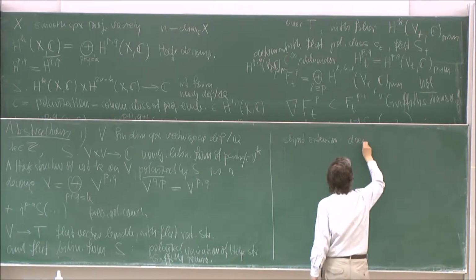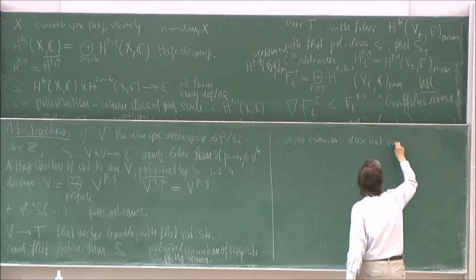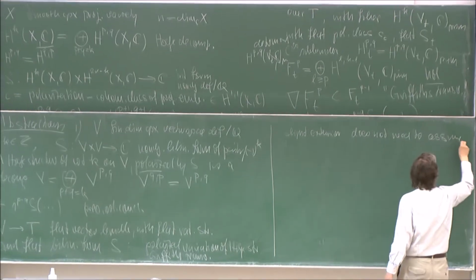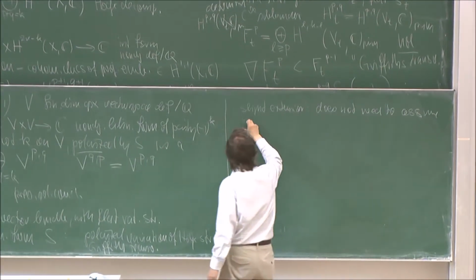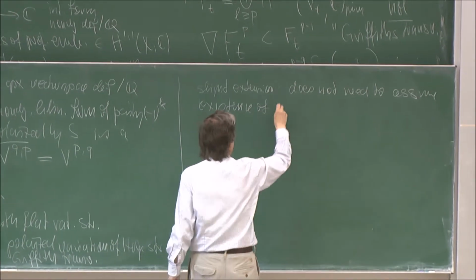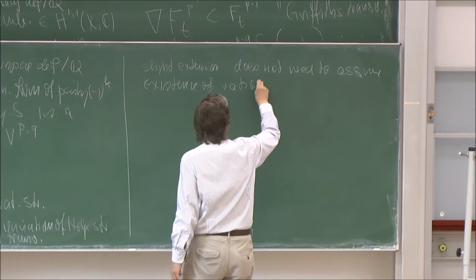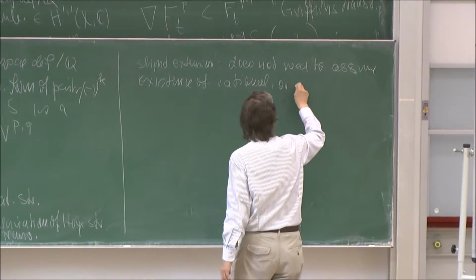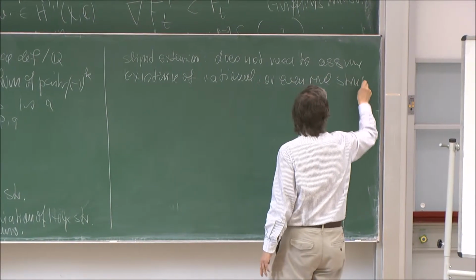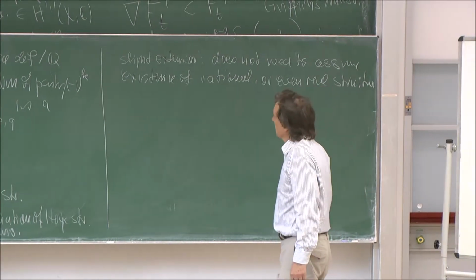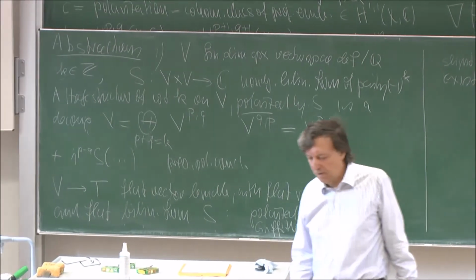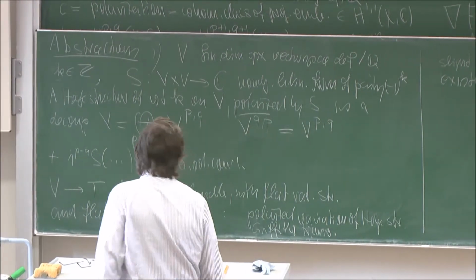One does not need to assume the existence of a rational or even real structure in the definition of an abstract Hodge structure or a variation of Hodge structure.